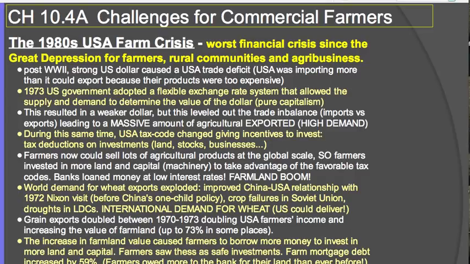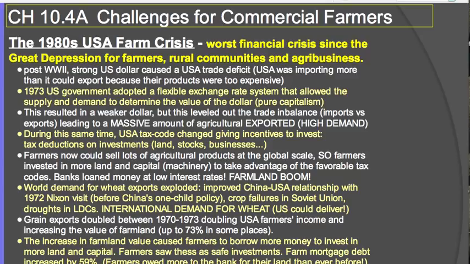When you look at this, grain exports doubled between 1970 and 1973. It's only 3 years. And in that same time, income for U.S. farmers also doubled. And the value of their farmland increased by 73% in some places.